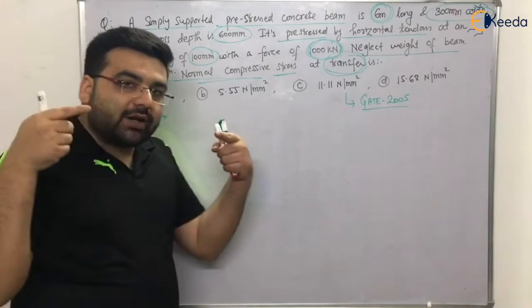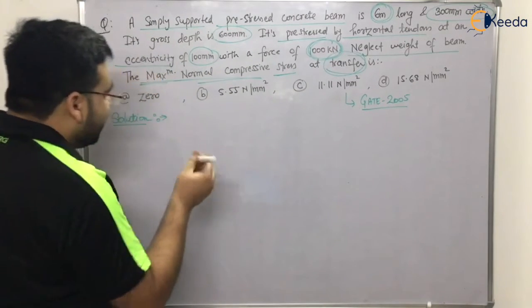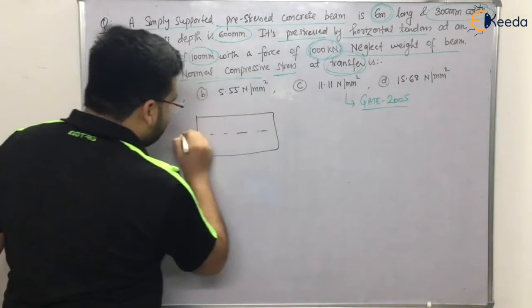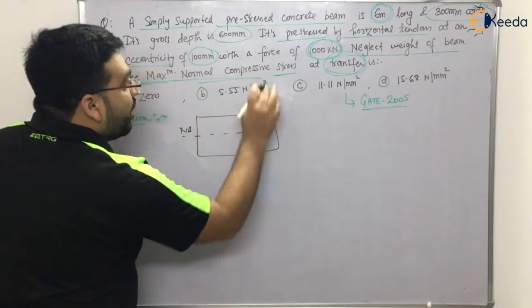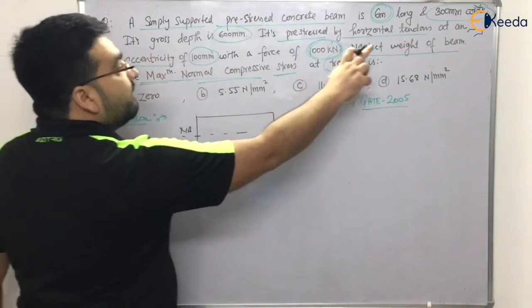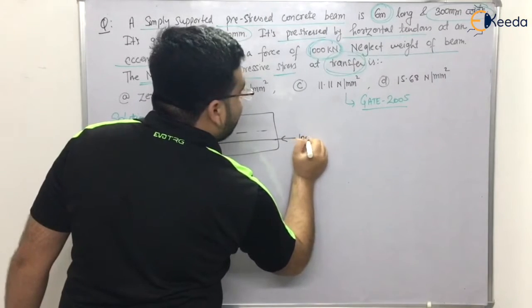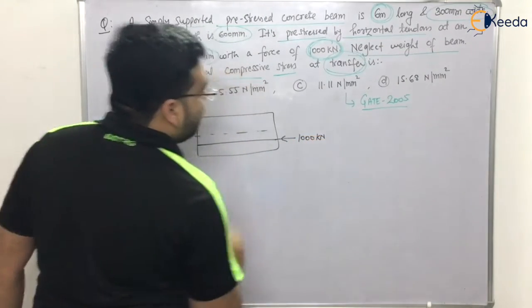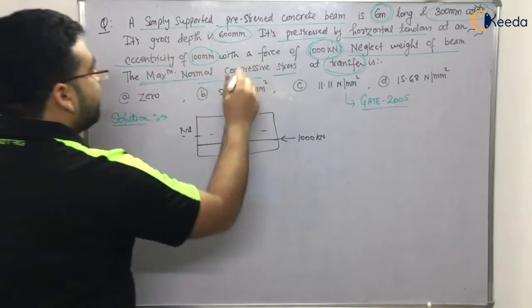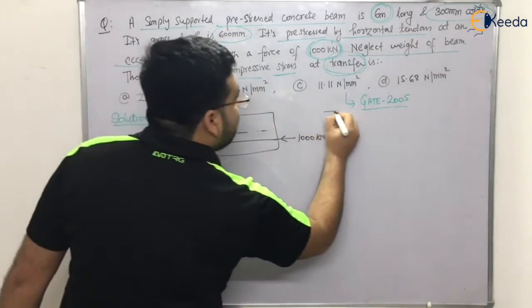So let us say this is a beam section. Let me again remind you. This is the neutral axis, and let us say horizontal tendon. Now these are the tendons. So this is a tendon with a force of 1000 kilonewton. This is neutral axis, and the eccentricity is how much? Gross depth is 600 mm. Let me write it like this.